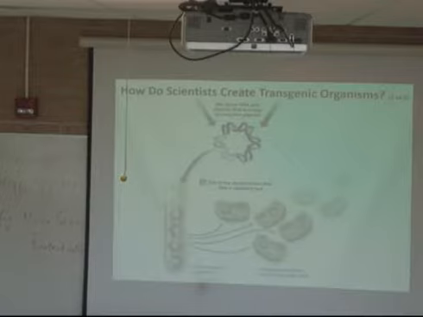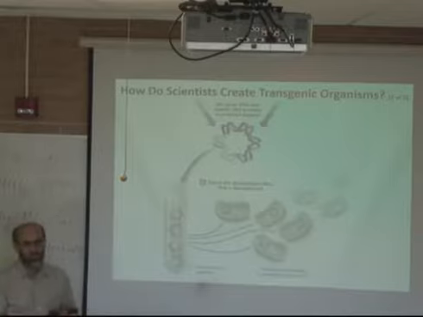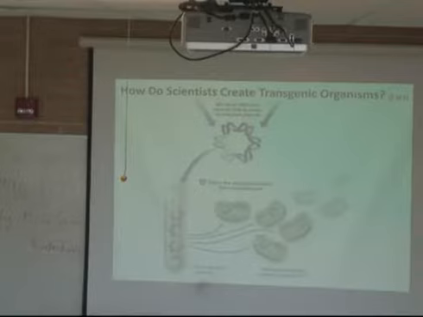About 40% of our crops, soybean, cotton, and other crops that we consume, are made of these transgenic systems. Transgenic systems are also called GMOs. What are GMOs? Genetically modified organisms.